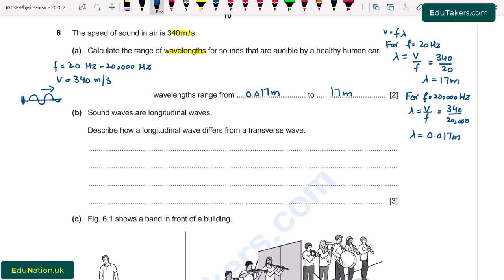Then you can see that the direction in which vibration is created is perpendicular to the direction of travel of energy. So both of these are perpendicular, meaning the angle between them is 90 degrees. It means that this wave is a transverse wave.